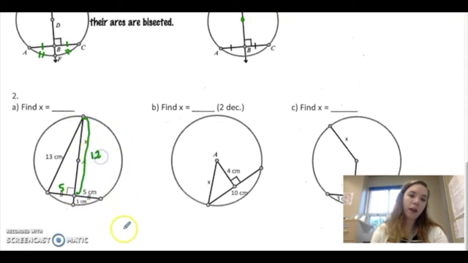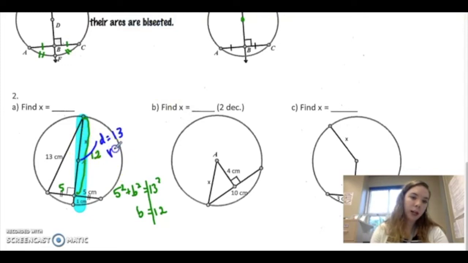Otherwise, you could do 5 squared plus b squared equals 13 squared. But this does come out for b to be 12. Okay, that means all the way across, the whole diameter. Since this little piece is 1, the whole diameter is 13. So the radius is what x is. Your radius is 6.5.